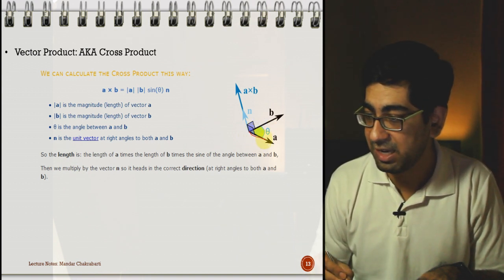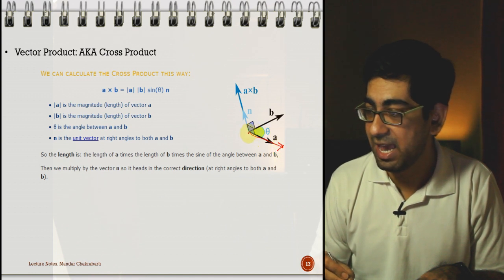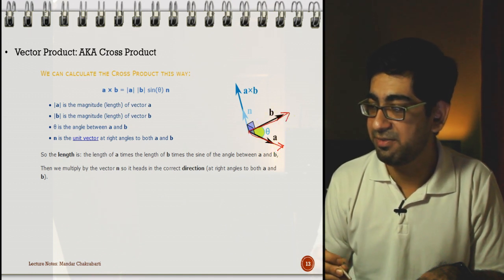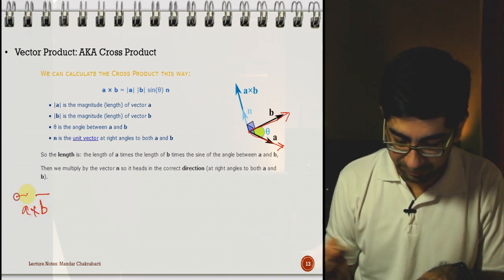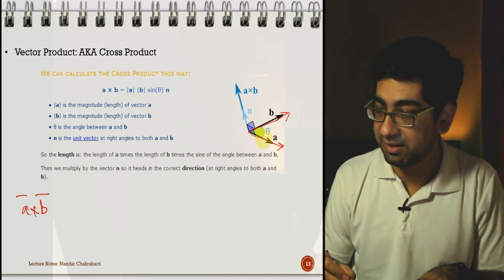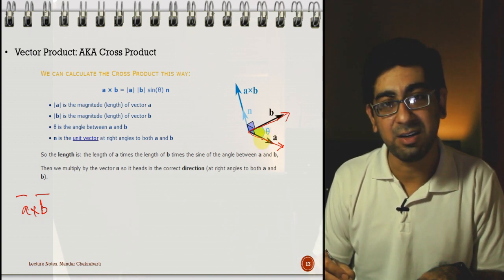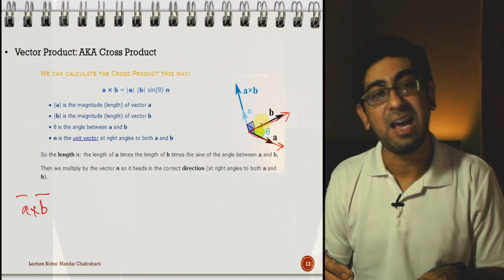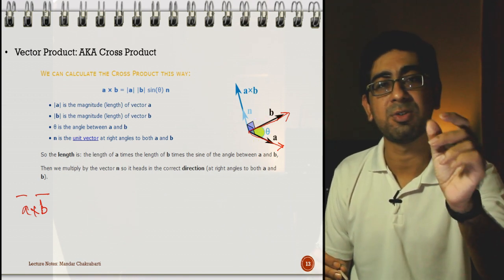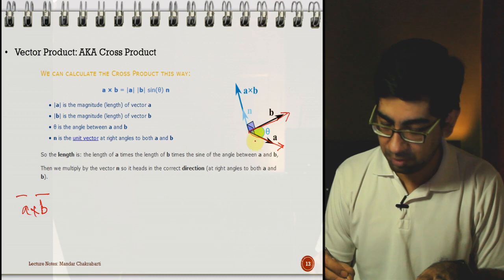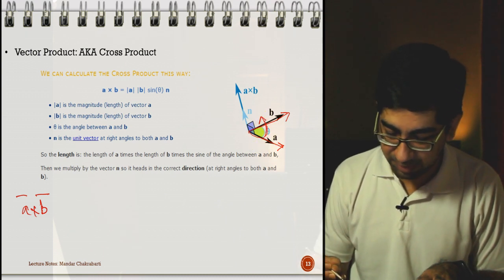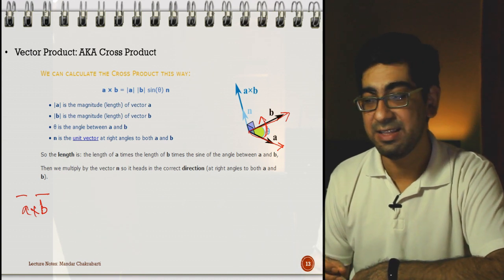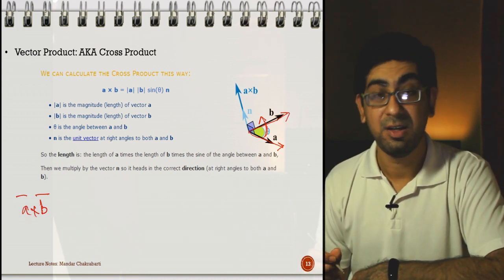So if this is my A vector and if this is my B vector, then when I'm trying to calculate A cross B, I am traveling from my A vector to the B vector along the shortest possible angle. So essentially I am traveling along this particular direction in this angle.